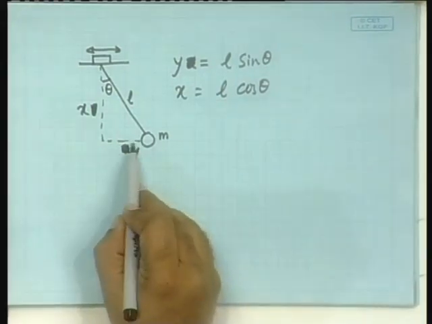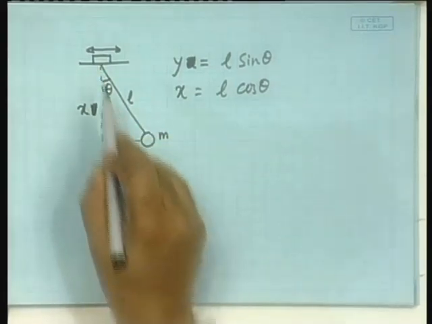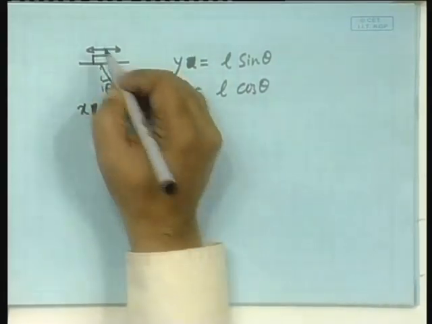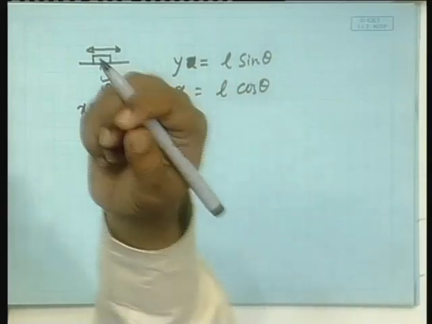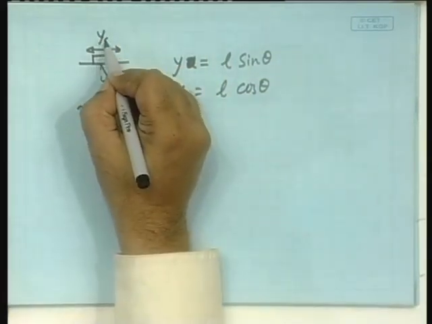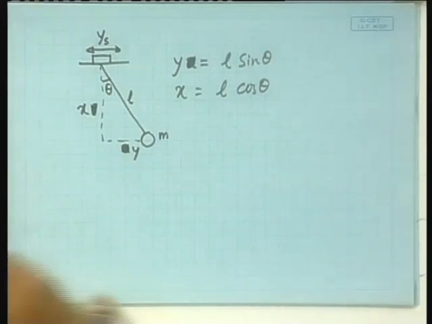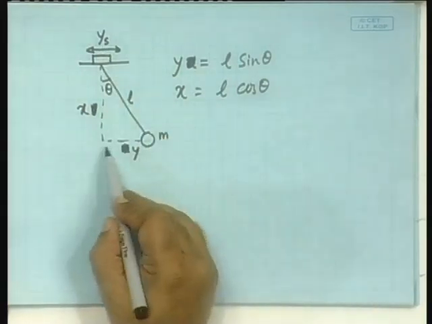Now, your additional thing is adding to the y. Suppose that suspension's movement is called ys, and this fellow's position is y.